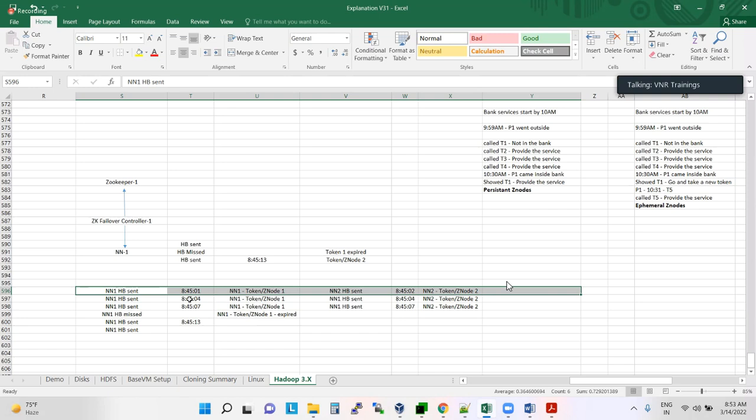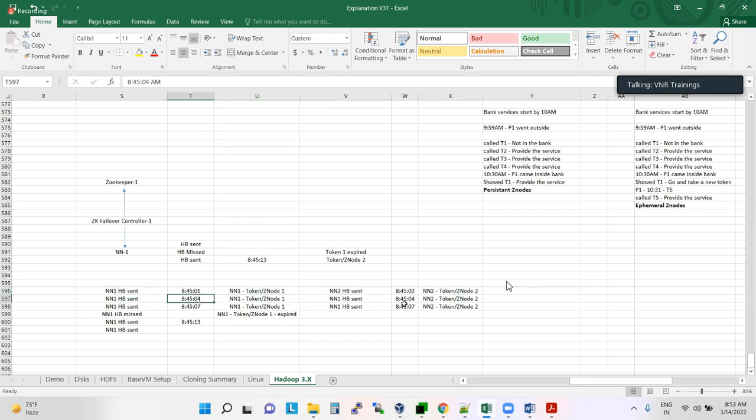Now the next heartbeat will come at 8:45:04 for one, and this heartbeat will come at 8:45:05. What is the token number for this one and for this one? Same token number. NN1 heartbeat sent at 7 AM, the same token number.